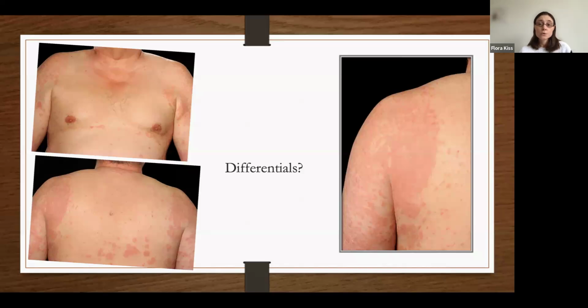We use phototherapy as one of the treatment modalities for psoriasis, and many patients respond well to narrowband UVB phototherapy, which is usually used as first line, or some patients might go on to receive PUVA treatment.